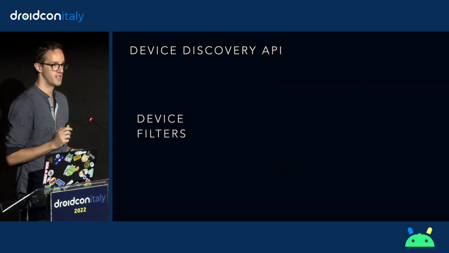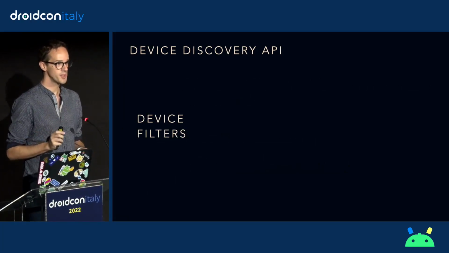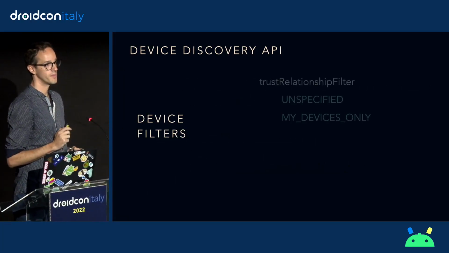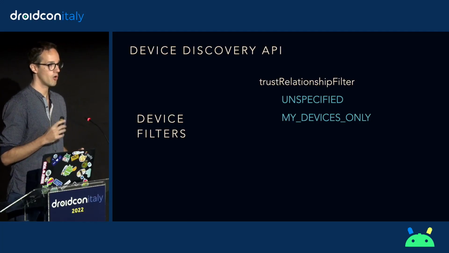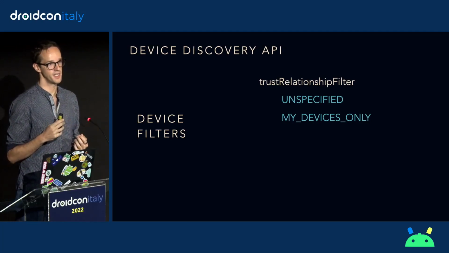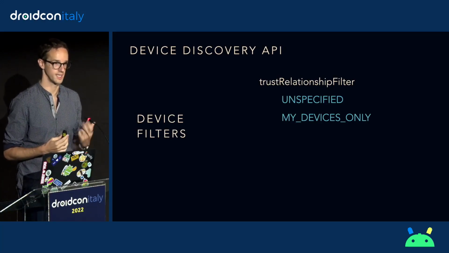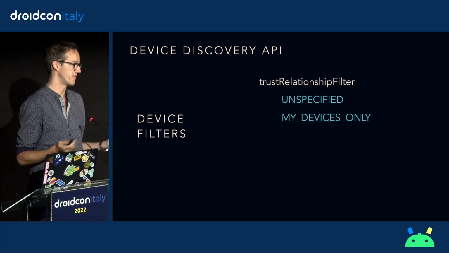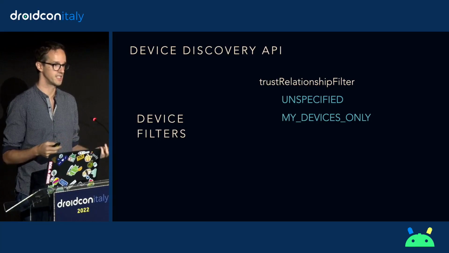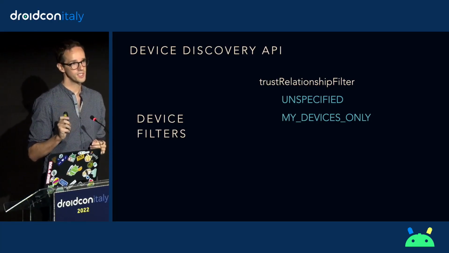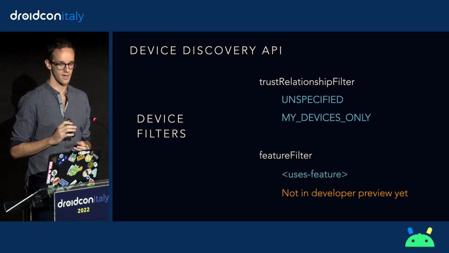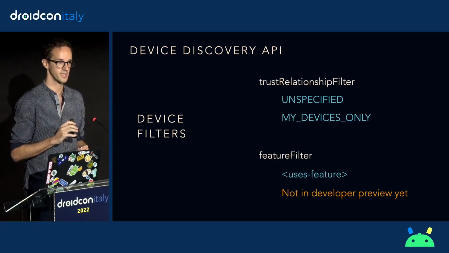I was talking about filters, and there are at the moment two types of filters. The first one is the relationship filter, which can be only devices that are signed in with the same Google account as the current one, or unspecified, which is basically show me all the devices nearby. These are already working. But the most interesting ones, in my opinion, are the feature filters.